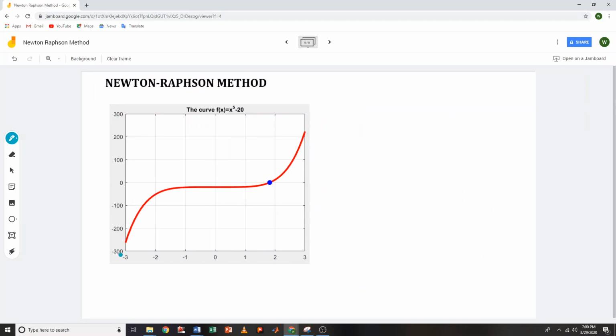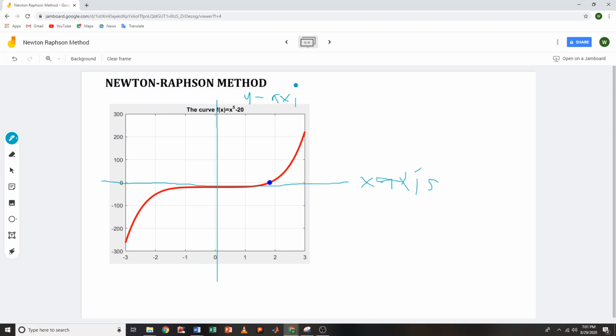So this is the graph of the function x^5 minus 20. Again, this is the x-axis. As you can see, this is 0. And this one is the y-axis.